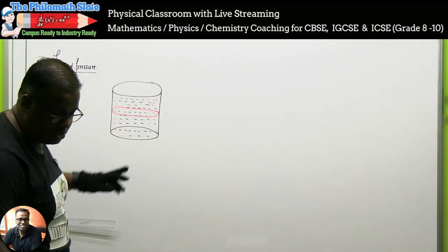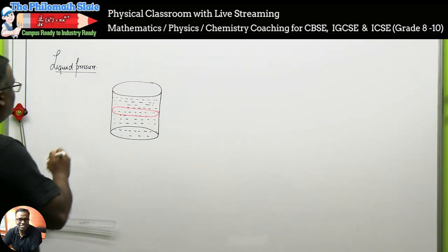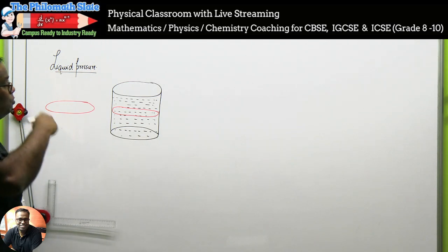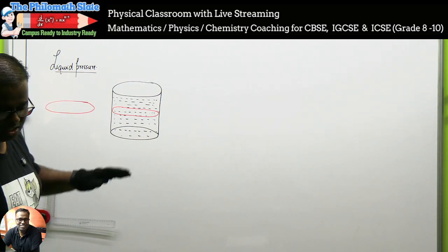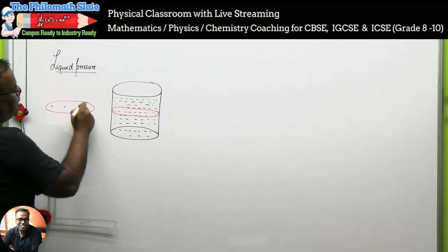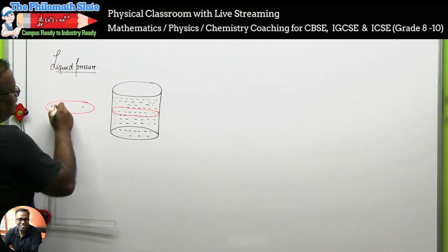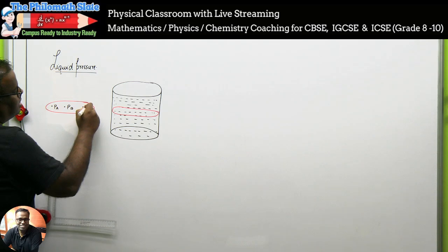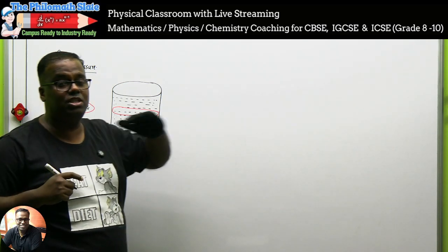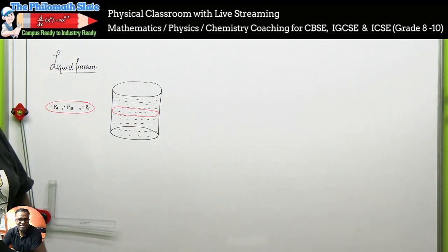Now, please understand, children, what I have drawn is actually a cross-section. Looking from above, you're seeing a circle. At this level, the pressure at all points will be the same. PA, PB, PC, all of them will be same. The pressure at all points on the same horizontal is always the same.